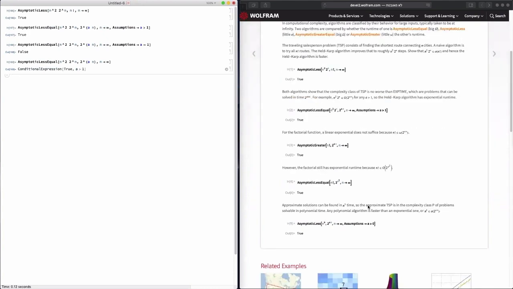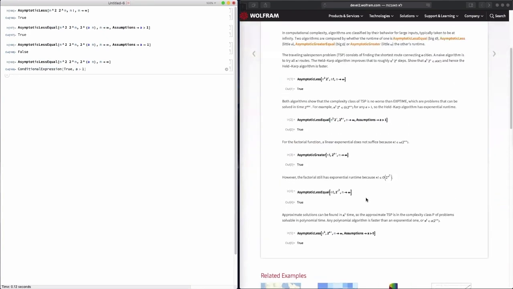Excuse me. It's spring and my sinuses are going crazy. Right. So now you can't get away with just a simple linear constant when you want to compare n factorial, because n factorial grows greater.